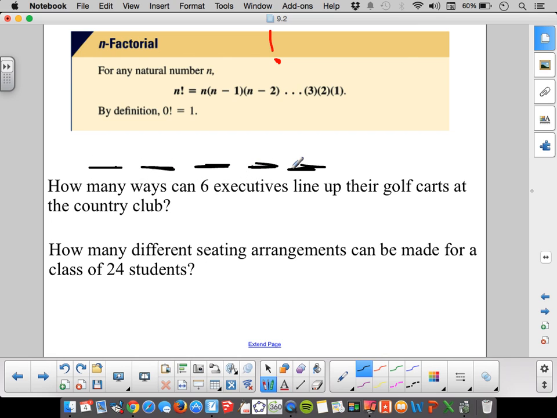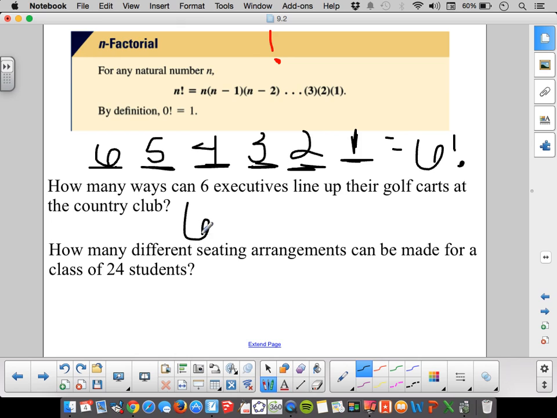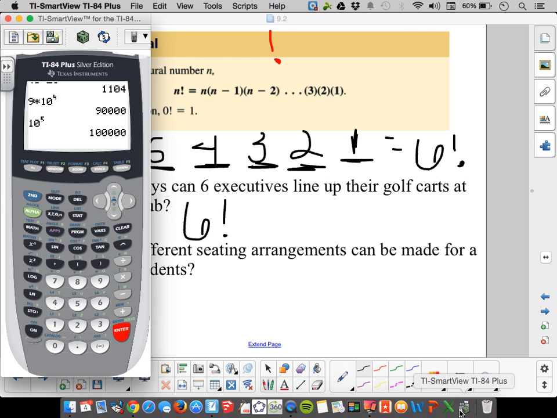If we were to use our counting principle or our multiplication principle, we would say we have 6 choices for the first, but then we've used up one of those, so we only have 5 choices for the second, and so on and so forth. So 6 times 5 times 4 times 3 times 2 times 1 is actually what we call 6 factorial. So 6 factorial is how we would get this answer.